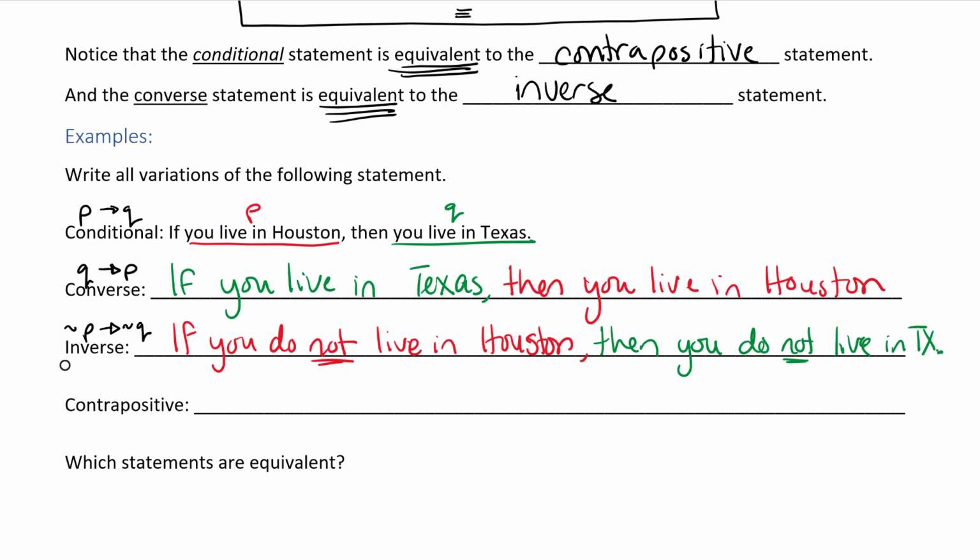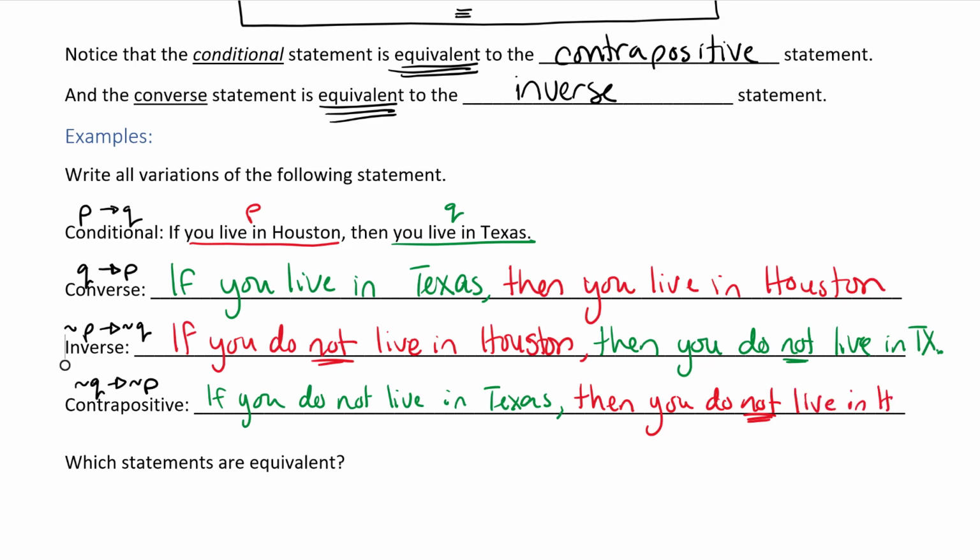All right, and then our next one is going to be the contrapositive. Now the contrapositive says if not Q, then not P. So the Q is you live in Texas, so I need if not Q. So if you do not live in Texas, then not P. So my then, you do not live in Houston.